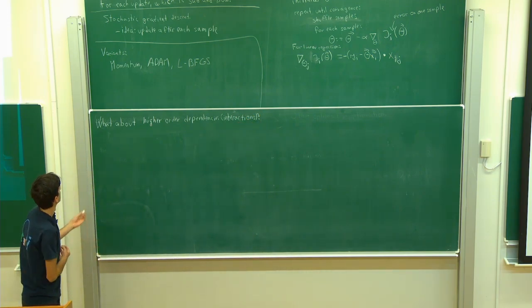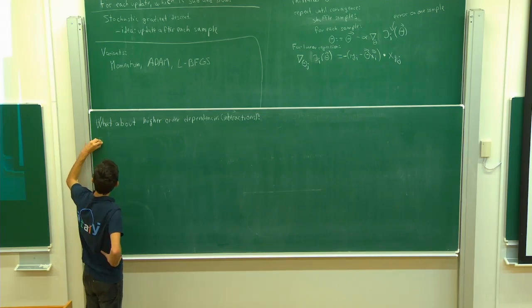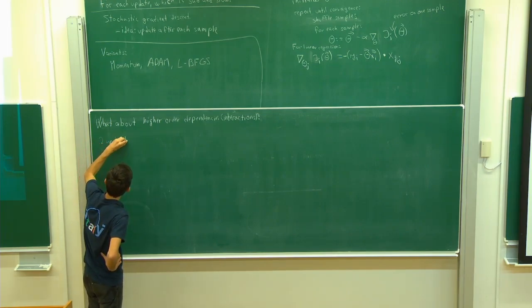So for example, we have two input attributes.